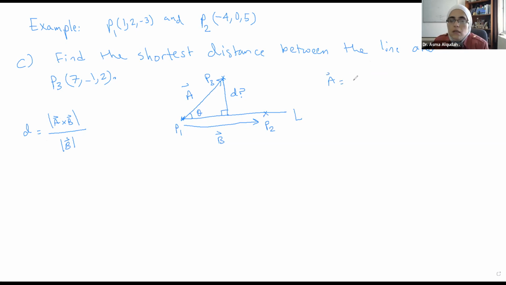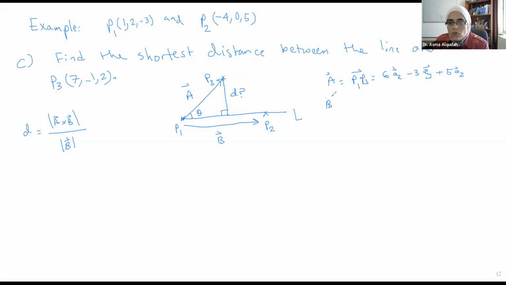A is equal to P1, P3, which is P3 minus P1. Okay, 7 minus 1 is 6 a sub x, minus 1 minus 2 is minus 3 a sub y, plus 2 minus minus 3, which is 5 a sub z.